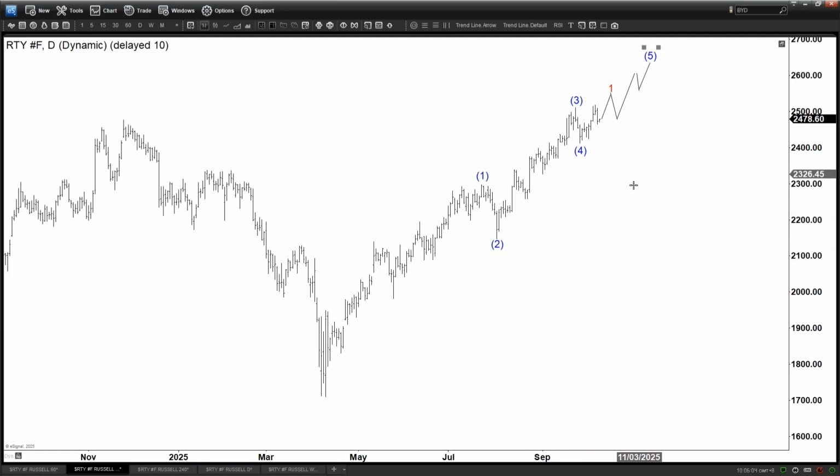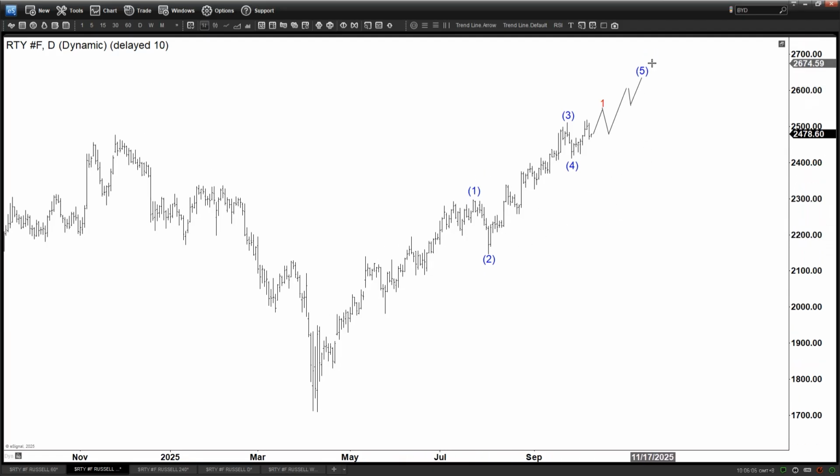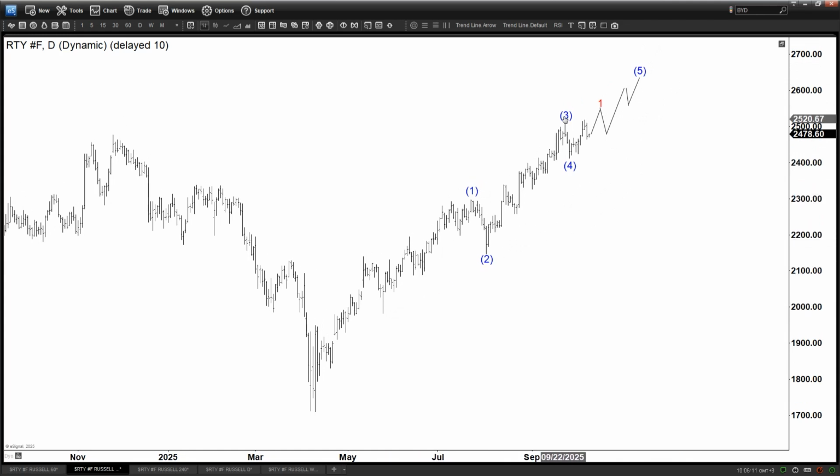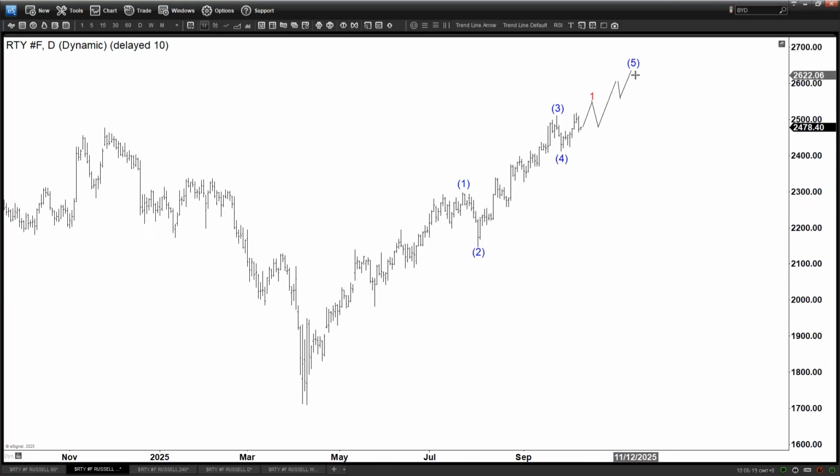That's definitely a possibility. It's a more bullish scenario, because you can see in the length of the 1 and the 3, it is possible that the length of the 5 actually extends a little bit more before we finish the 5 swing up and get a bigger pullback. Okay, so that's one possibility there, which is a more bullish scenario.